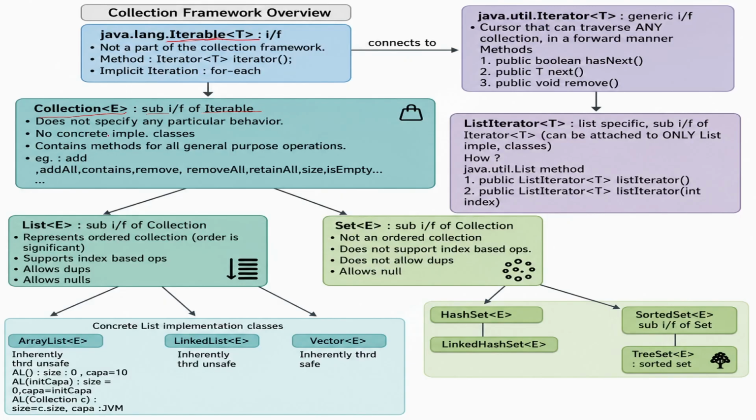Now the collection interface is again the parent of the list and set sub interfaces. So list and set are child interfaces of the collection interface. Interface means only method declarations will be there. So just see the hierarchy: list and set are child interfaces of collection, collection is the child interface of iterable, and iterable is the parent interface.